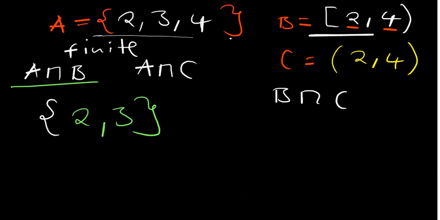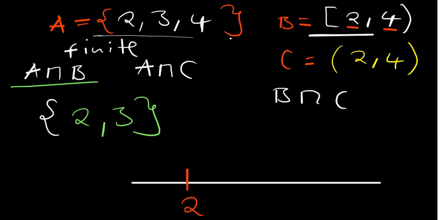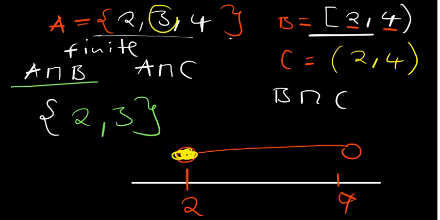You don't know the number of elements there, but all you know is it's a range. So if you had to say set B is from 2 to 4, you have members from 2 all the way up to 4, but 4 is not included. But we do understand that what is in that set is also in between 2 and 4.